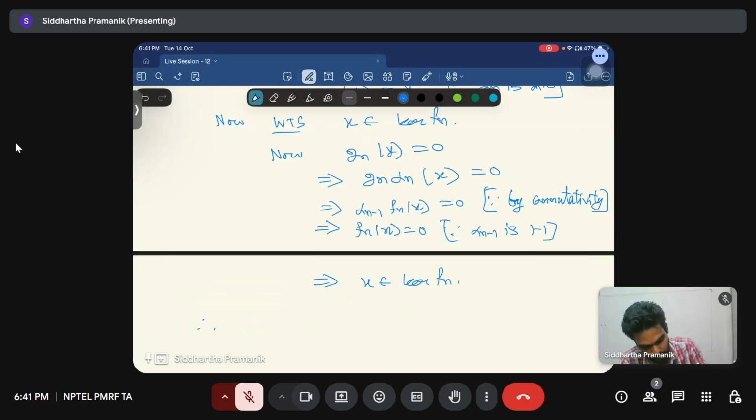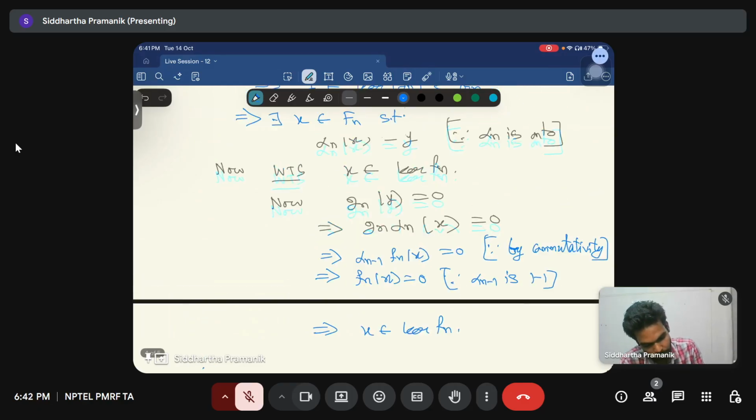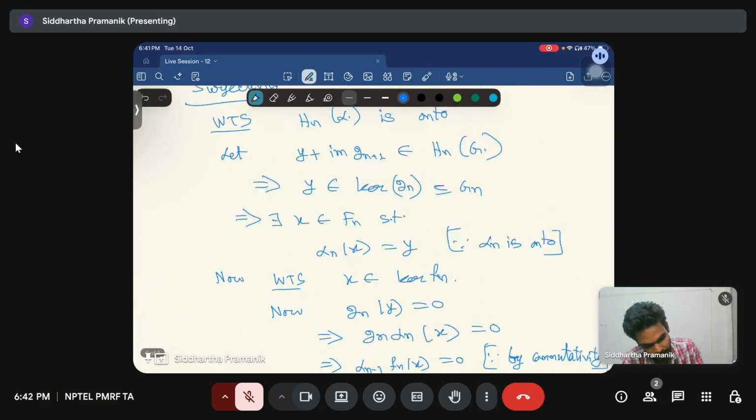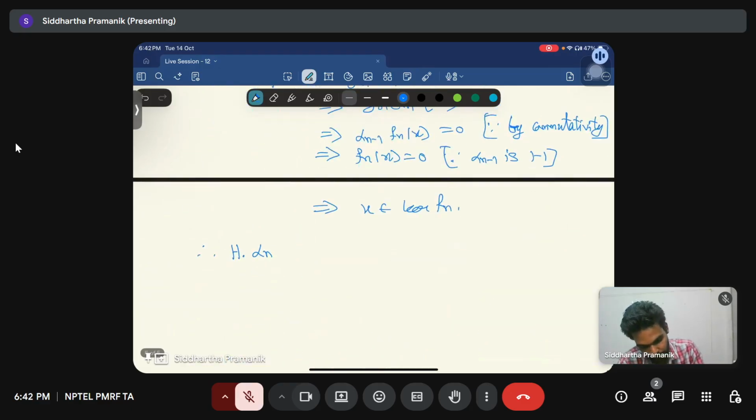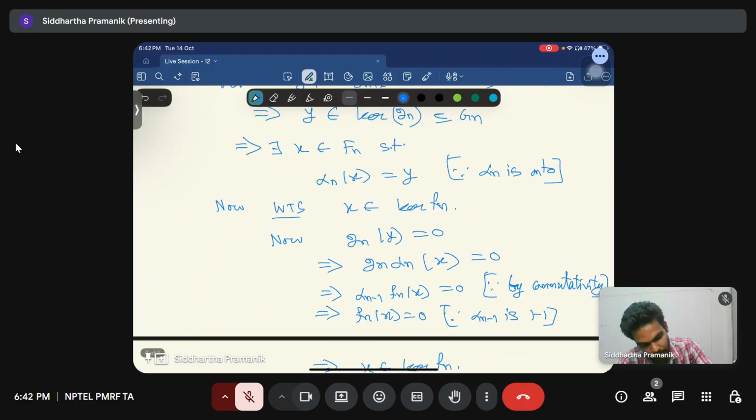So what we are getting is that if we take H_n of alpha, the map at the nth homology, and evaluate it at x plus image f_{n+1}, then it is basically alpha_n of x plus image of g_{n+1}, and alpha_n of x is y.